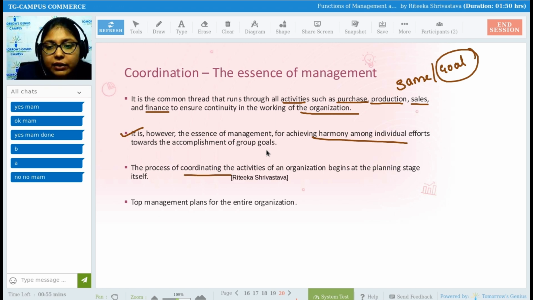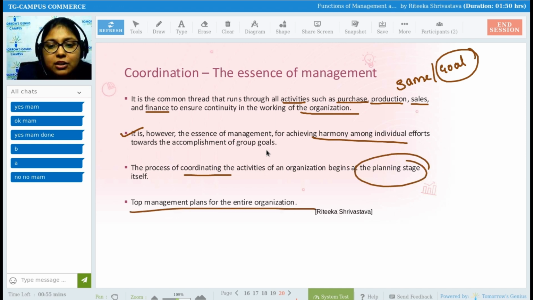The process of coordinating the activity of an organization begins at the planning stage. Top management plans for the entire organization. This we discussed in the last class as well. When it comes to the organization and planning, top management makes a plan for the entire organization.